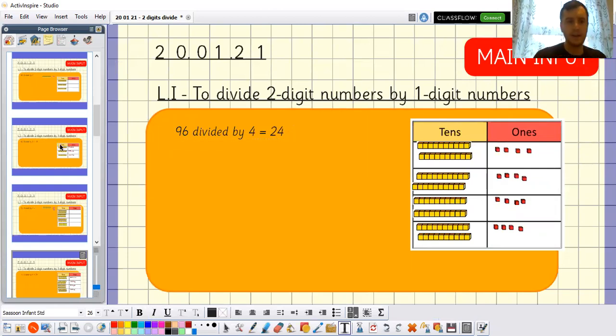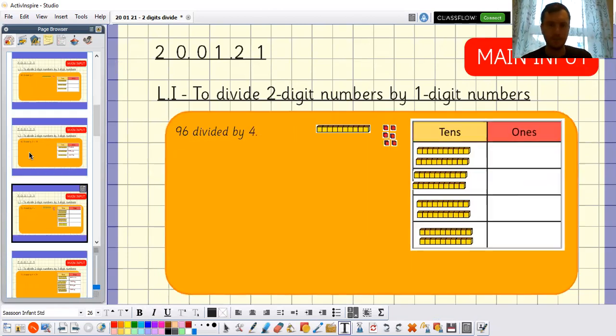Again, let's have a quick look back at that process from start to finish. So we started with 96 divided by 4. We shared those 10s. There were 9 10s. We shared them into the 4 groups. And we had 2 10s in each group, but 1 spare. What did we do with that spare 10? We regrouped it into 10 extra 1s. So we had 6 1s.